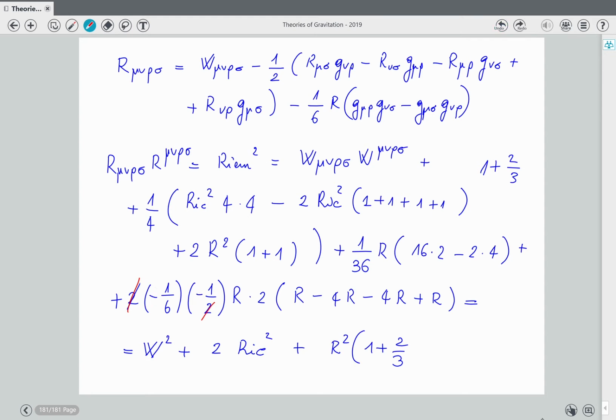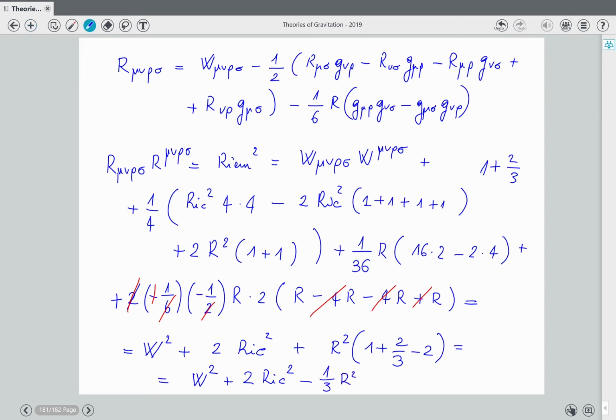Minus 4, minus 4, plus 2, minus 6, which goes away with this. And so we have minus 2R squared. Minus 2. Result, W squared plus 2 Ricci squared minus 1/3 R squared, which is correct.